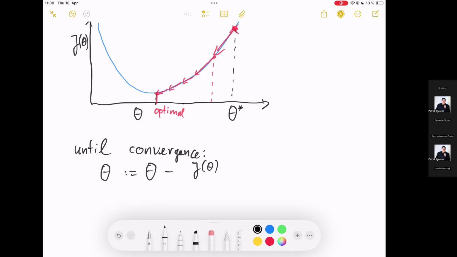So what we can write then is, so we see how the error changes along the parameter value. So this is just the derivative.